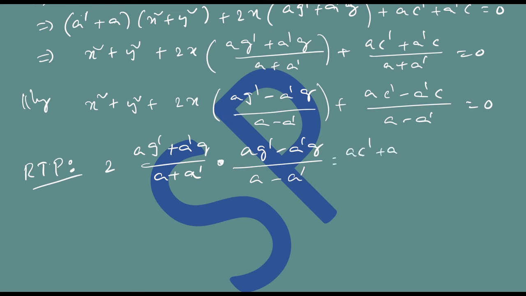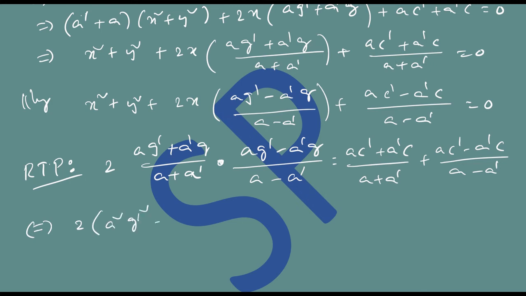That is (a c dash plus a dash c) by (a plus a dash) plus (a c dash minus a dash c) by (a minus a dash). Now this is same as 2 into a square g dash square minus a dash square g square is equal to a square c dash plus a dash c minus a dash a c dash minus a dash square c.